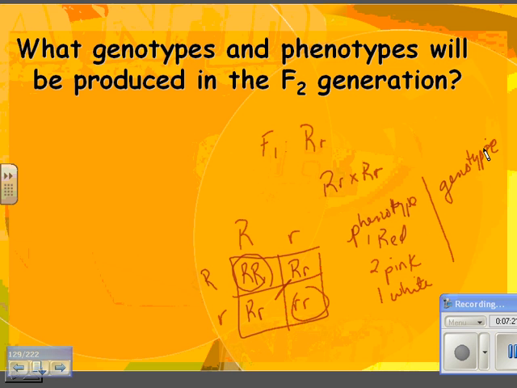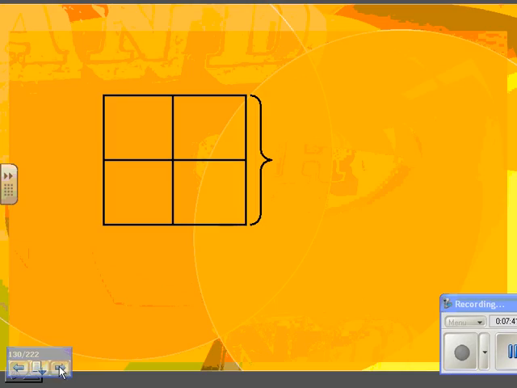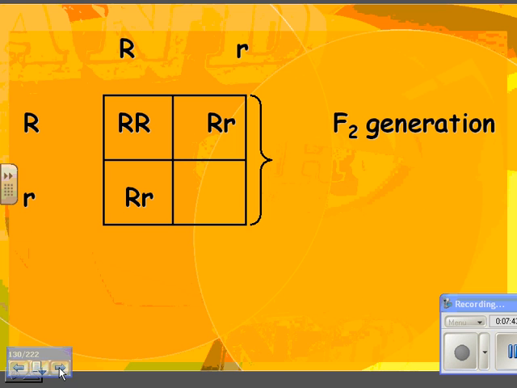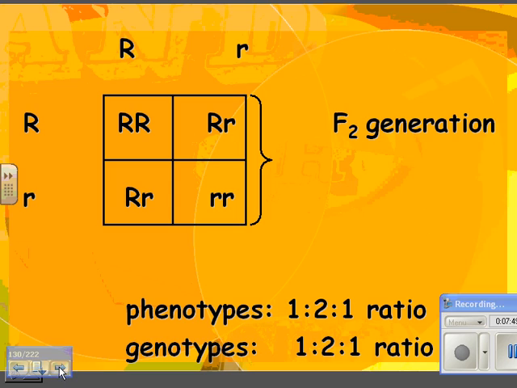It would be 1 big R, big R to 2 big R, little r to 1 little r, little r. So the genotypes are what the alleles are. The phenotype is what they look like. In this case, the ratios are both 1 to 2 to 1. So this is just done out in a little bit prettier way. So the ratios are 1 to 2 to 1, whether it's phenotype or genotype.